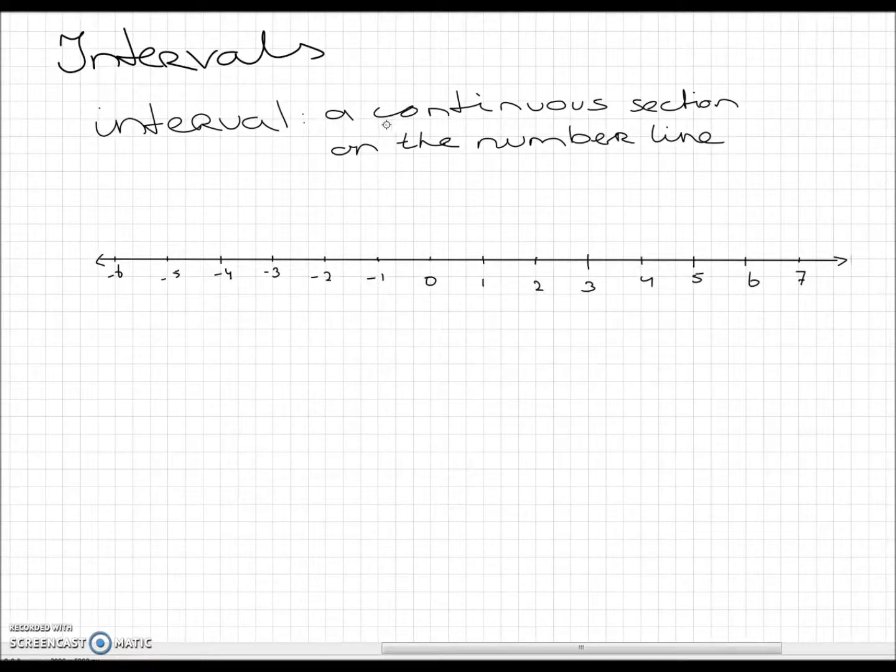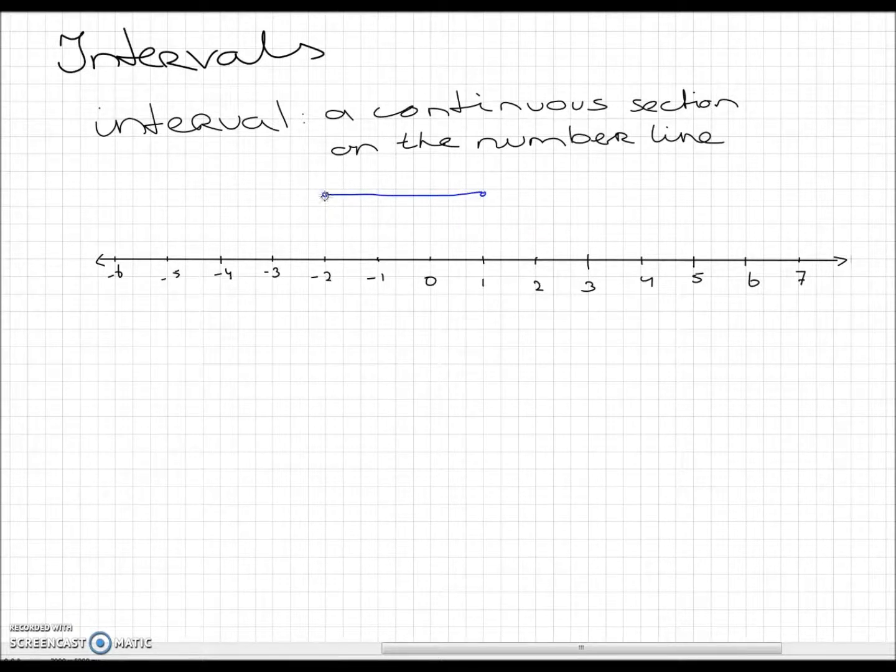Now one such continuous section could be the section starting at -2 and ending at +1, and we look at everything in between these two numbers.